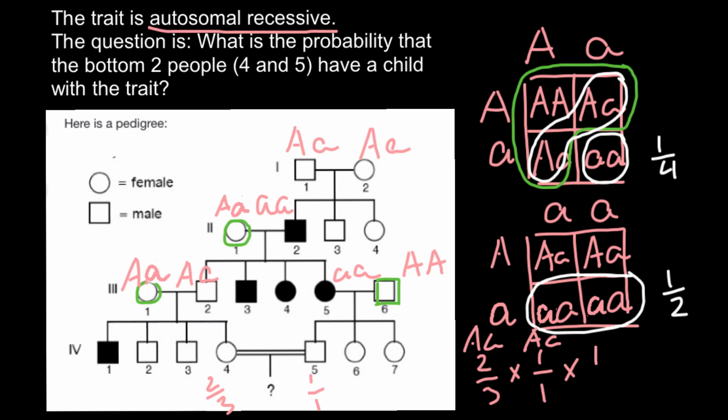So we have to multiply by 1/4. And as you see, the probability that this couple would have an affected child would be 1/6. And this is going to be our answer today.